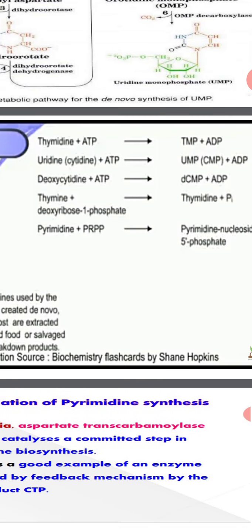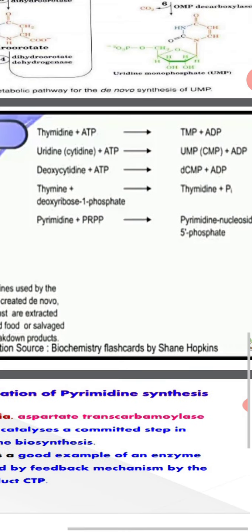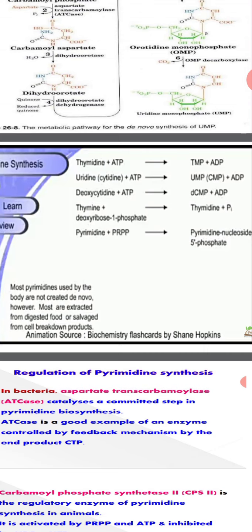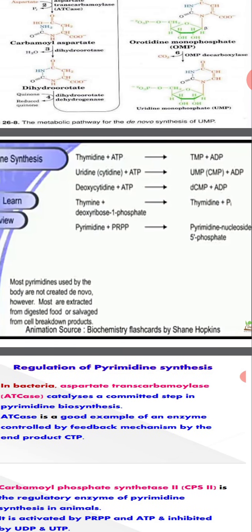Next, uridine. Uridine plus ATP will also change into UMP plus ADP. This phosphate group is also transferred. ATP is changed to ADP. And here thymine plus deoxyribose 1-phosphate changes into thymidine plus inorganic phosphate, and pyrimidine plus PRPP gives pyrimidine nucleoside 5-phosphate.